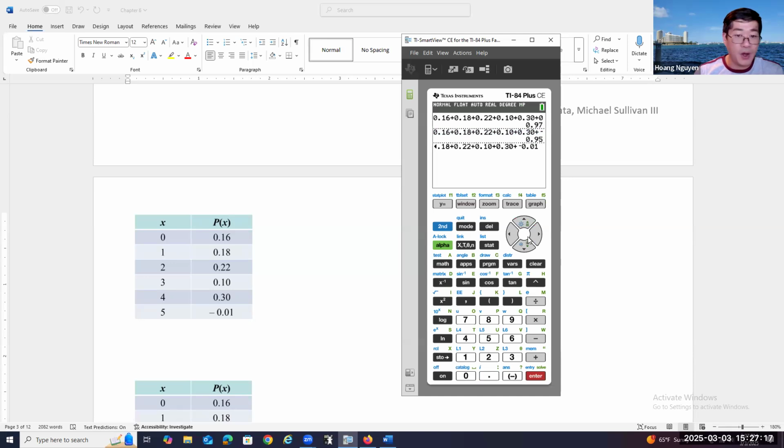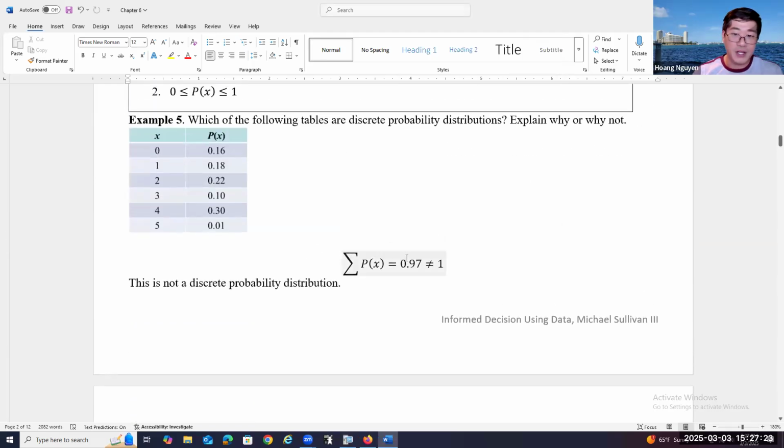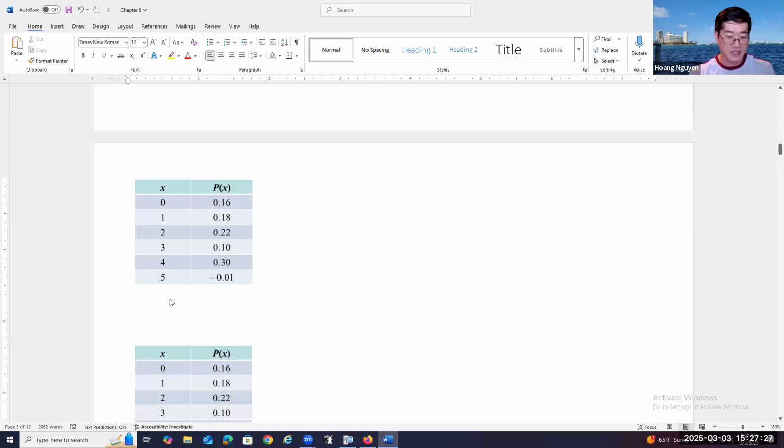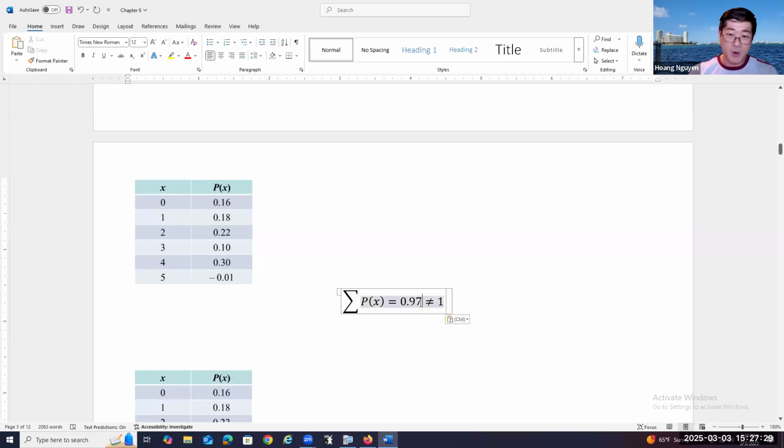Okay, so once again, the total right here is not equal to 1. Unfortunately, that's not good. The total is 0.95, which is what we got right here, not equal to 1.